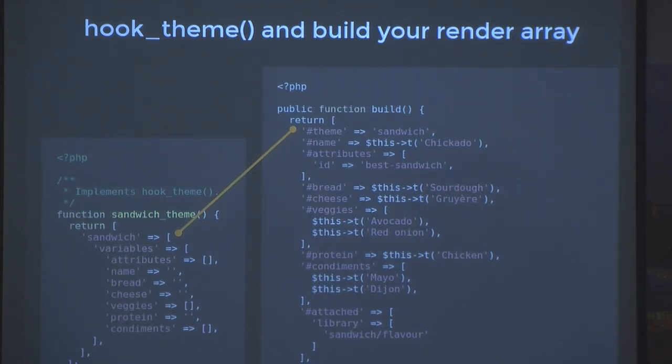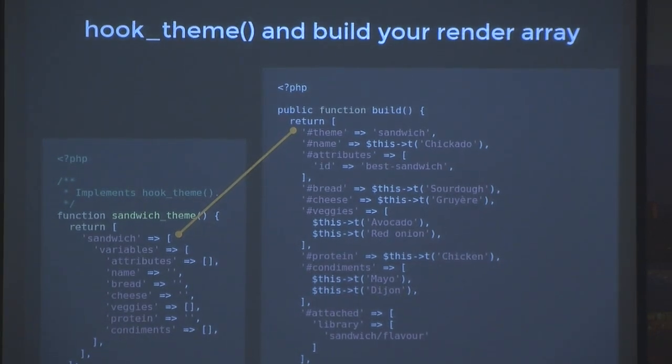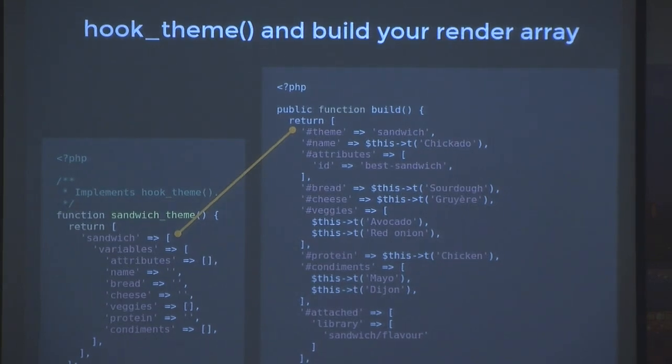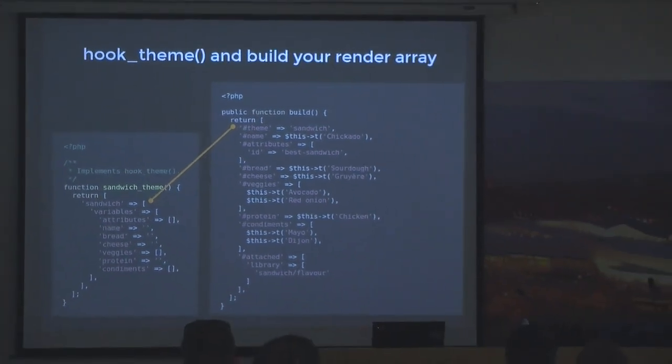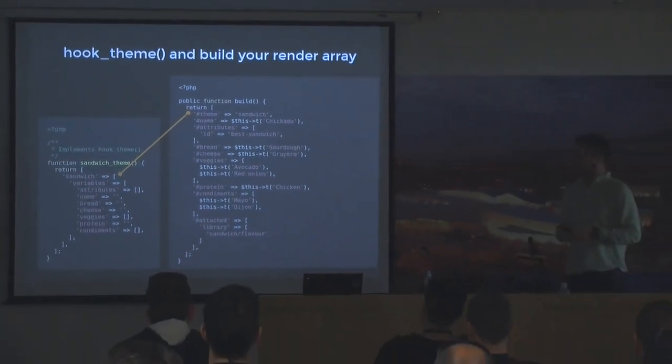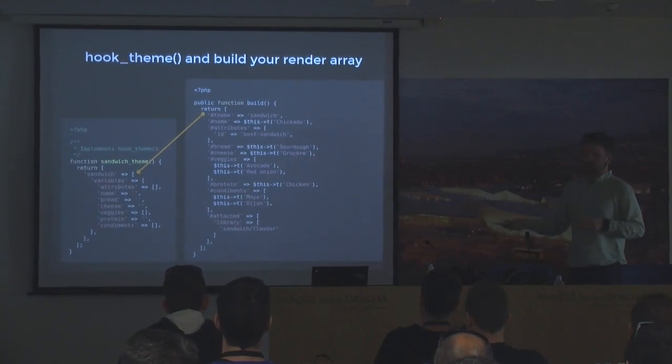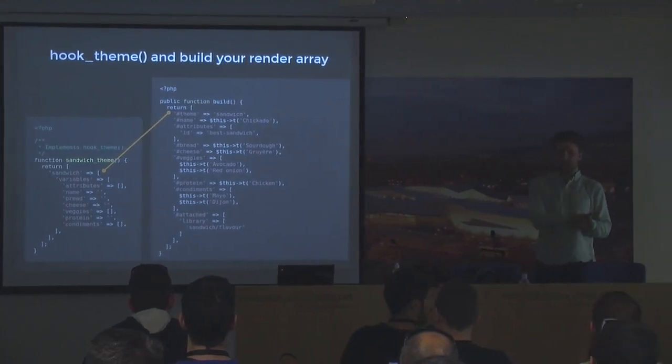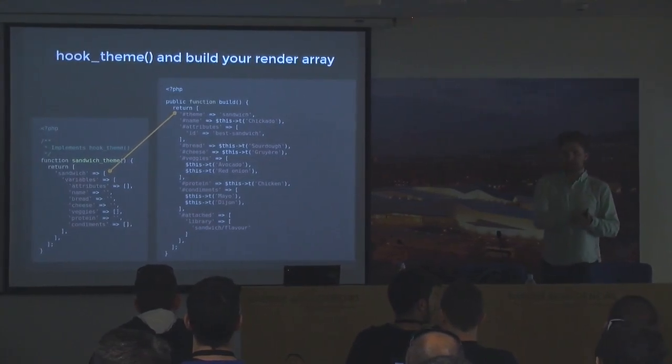So if one of the values of the variables is missing, it will get the default value from the hook_theme implementation. So if you are writing a preprocess function, or if you're using a templating engine that throws error messages if a variable doesn't exist, it would come from the hook_theme implementation as an empty default value, and it wouldn't throw an error.